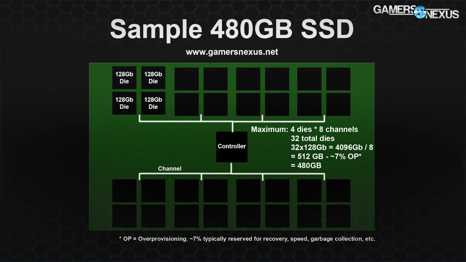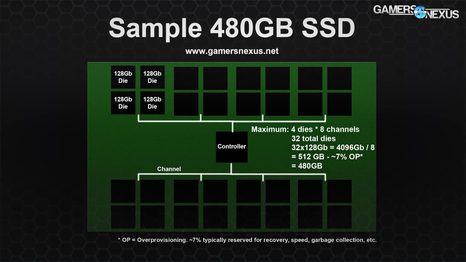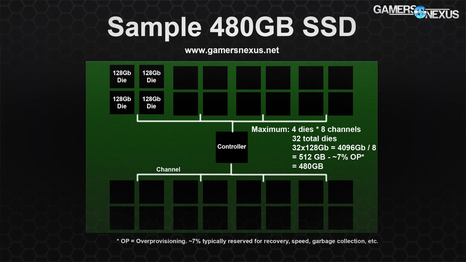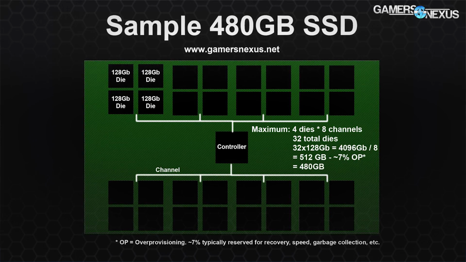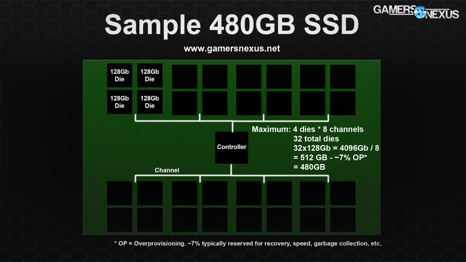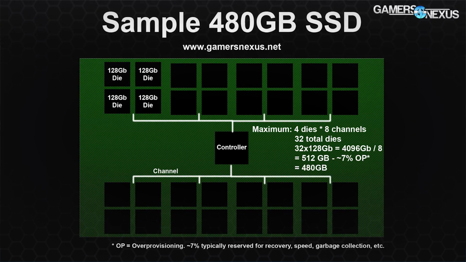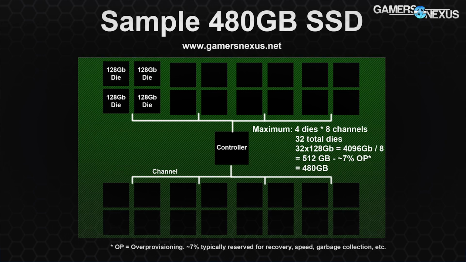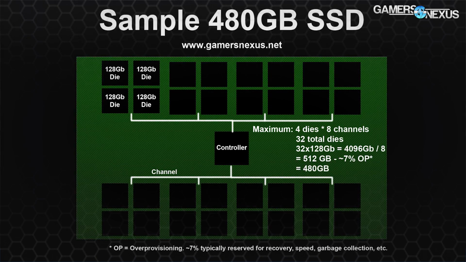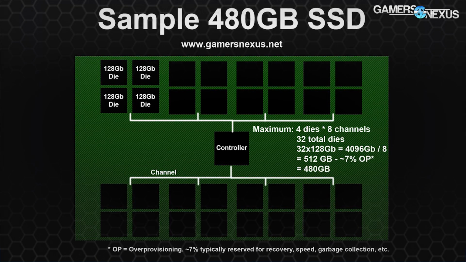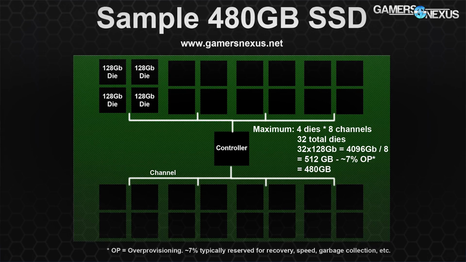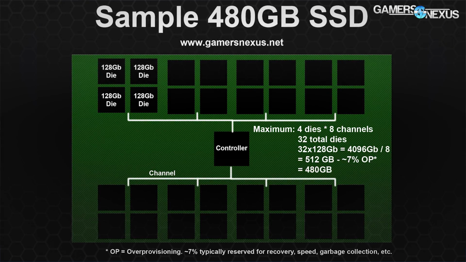With 8 modules, that's 32 dies at 128 gigabits or 16 gigabytes each, for a total of 512 gigabytes of storage. After subtracting over-provisioning, which we've talked about in previous videos, that comes out to what you'd see as a 480 gigabyte SSD. So that's the math. That's how you get these 512 gigabyte drives or 480 gigabyte drives. It's by having die assortments like you've seen in our sample here.